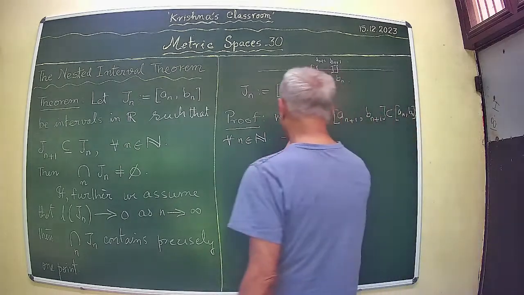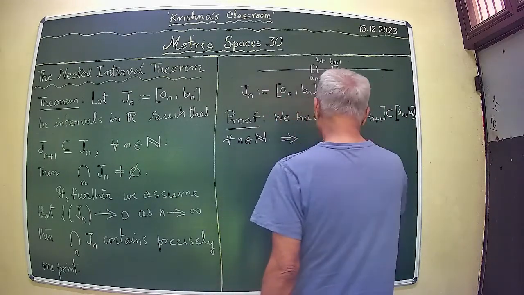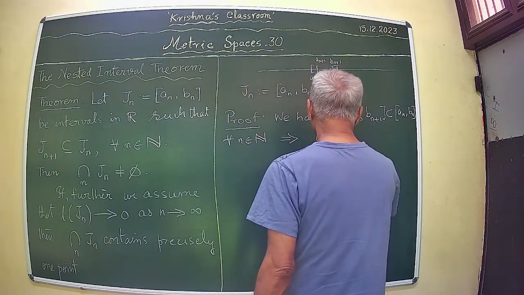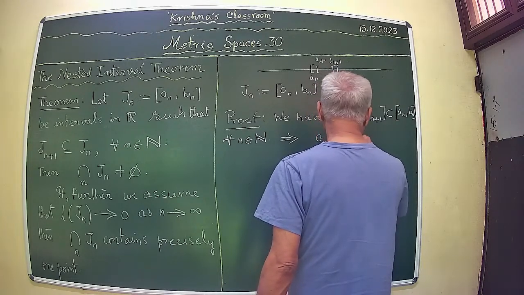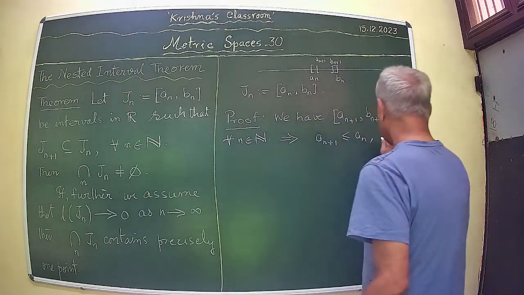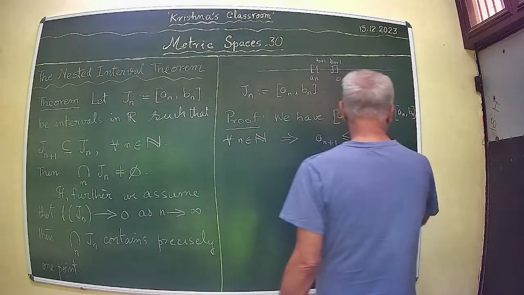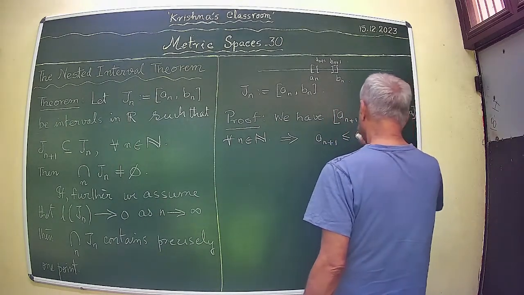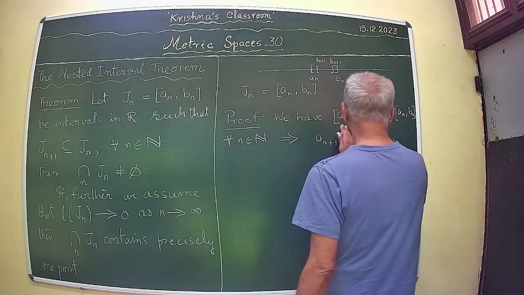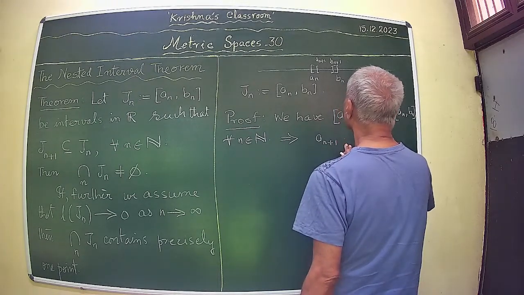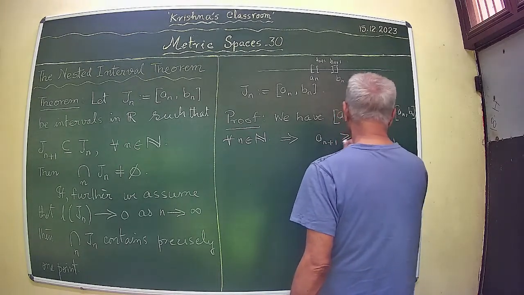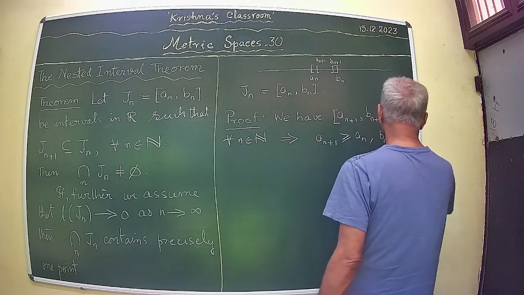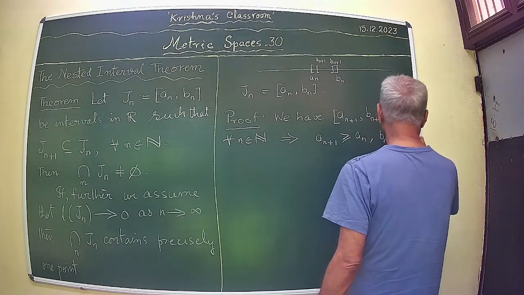Now this implies that an plus 1 is greater than or equal to an and bn plus 1 is less than or equal to bn.